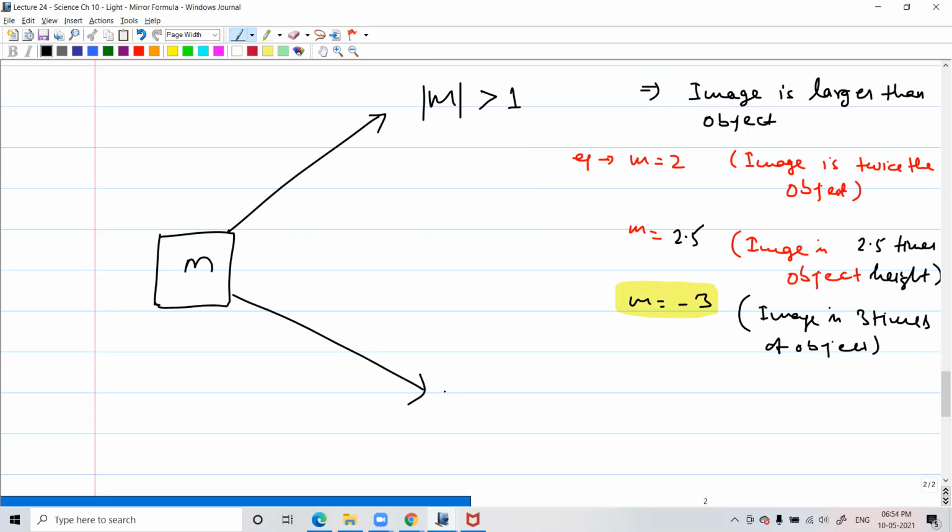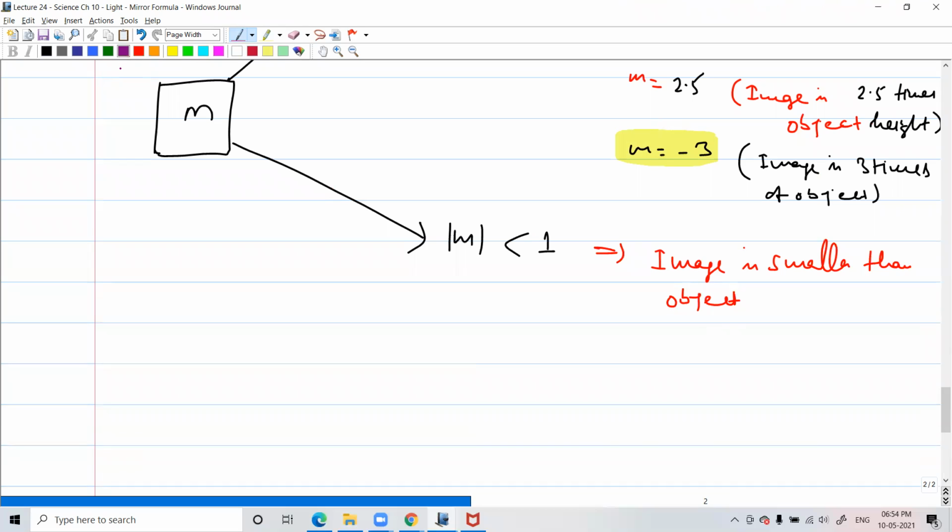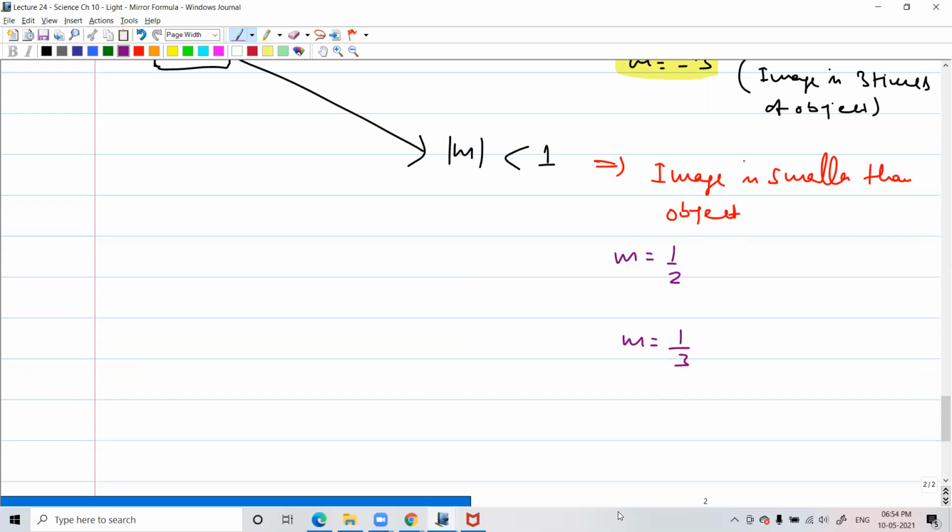Okay, we'll get to that anyway. Again, if M is a fraction, if M is smaller than 1, in this case, what will happen? The image is smaller than the object. So what are the possible values of M? M can be 1/2. M can be 1/3. Not just 1/2, it could be anything. M equal to 3/5 is also possible.